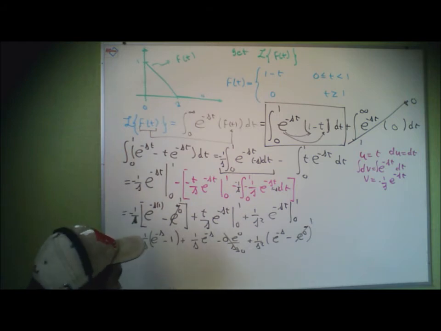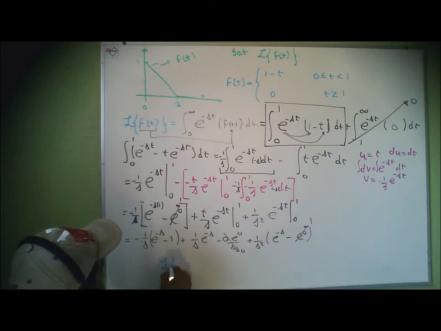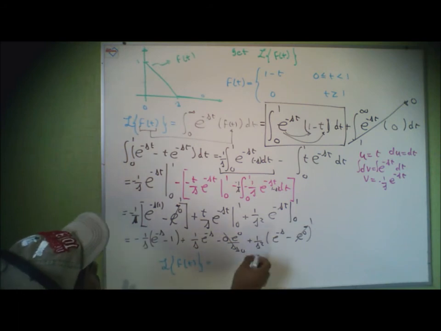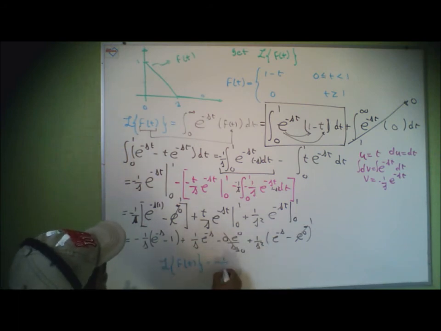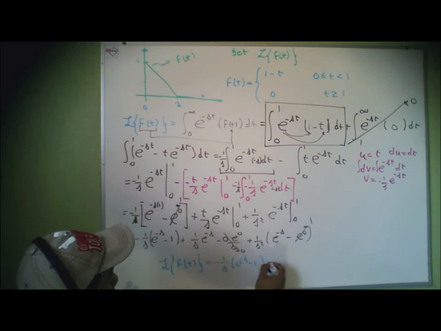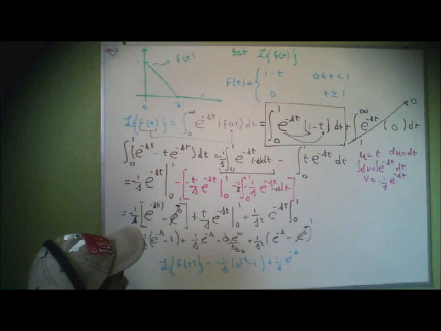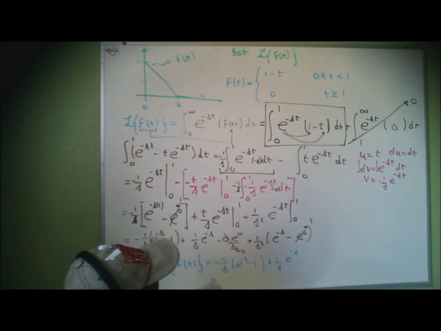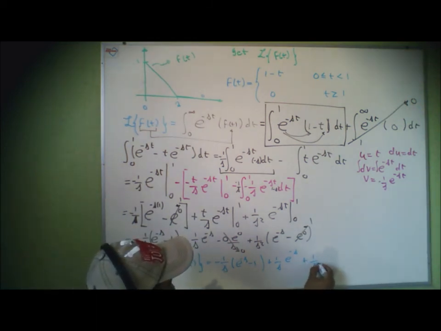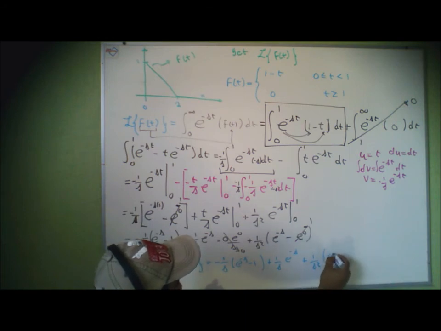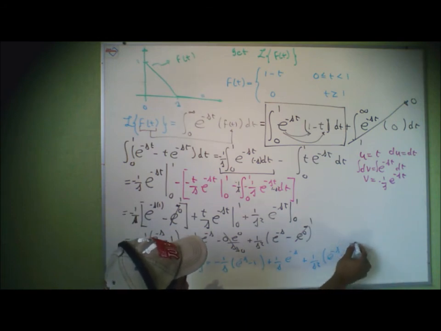So what is the result? The Laplace transform of the original function is minus 1 over s times e to the minus s minus 1, plus 1 over s e to the minus s, plus 1 over s squared times e to the minus s minus 1.